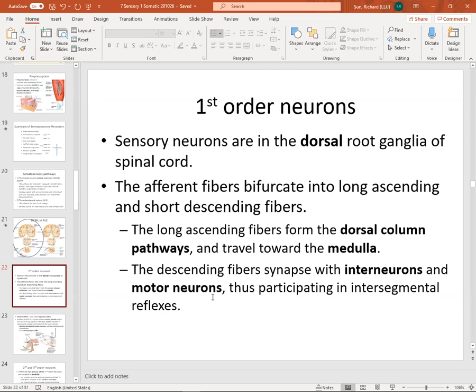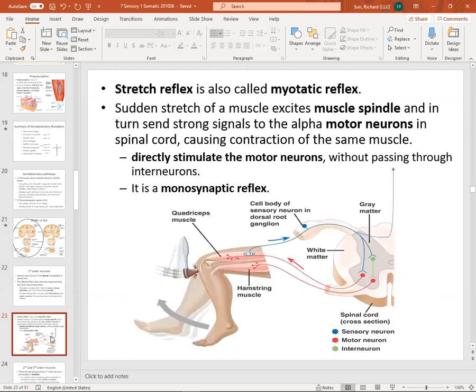And this is the phenomenon that we call the stretch reflex, or the myotatic reflex. So very much like this one here, when you stretch it, your receptor, the muscle spindle right here, will then enter into the dorsal root of the spinal cord.